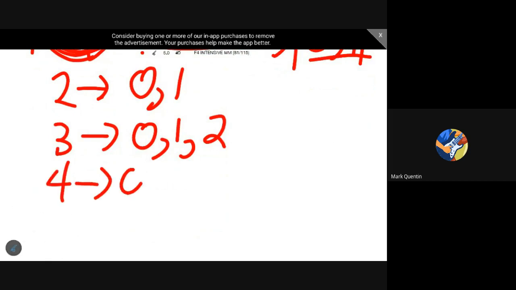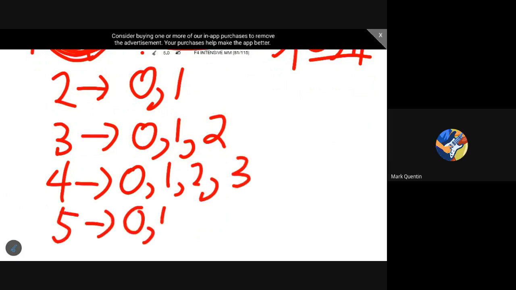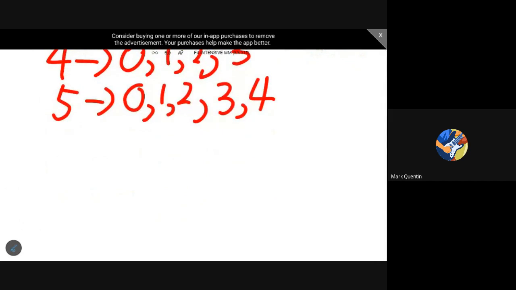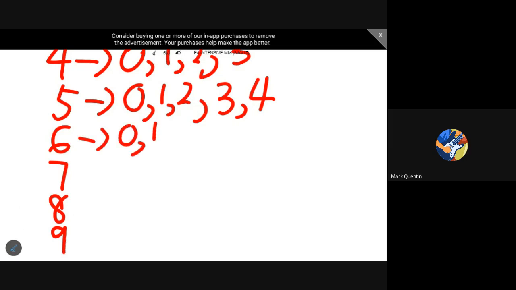Saya cuba tulis semua asas nombor yang kita ada. Okay, so this is an important thing you all must remember. 0, 1, 2, 3, 4 and then sampai 10 saya boleh tulis 6, 7, 8, 9. Okay, so ingat, tak boleh ada nombor yang sama digitnya. You cannot have the same digit as the base.